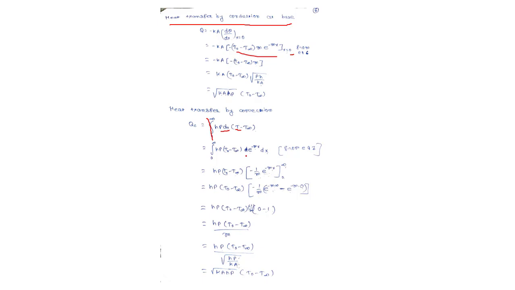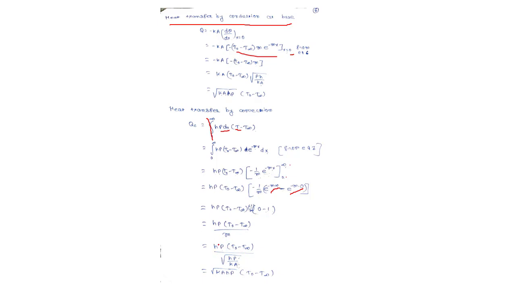And integrating this equation, we get minus 1/m e raised to minus mx from 0 to infinity. Applying these limits, we get minus 1/m times (e raised to minus m infinity minus e raised to minus m 0). So this term becomes 0, as it is e raised to minus infinity, and this term becomes 1. So we get hP (T0 − T∞) times 1/m.